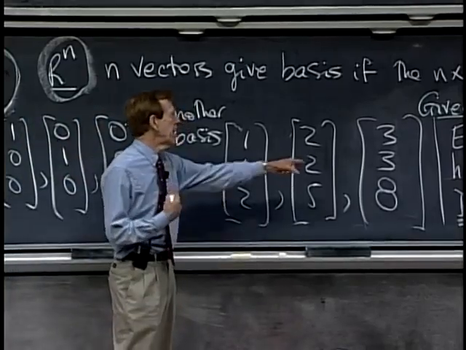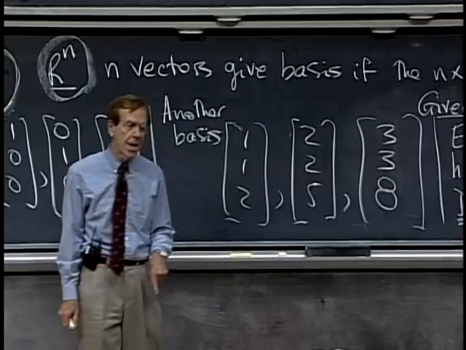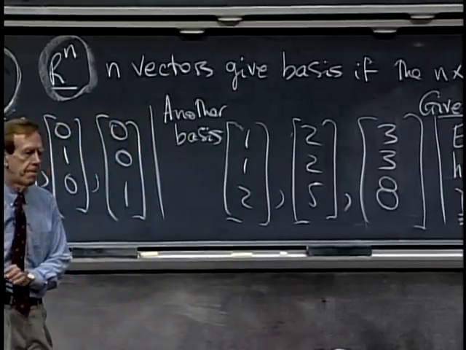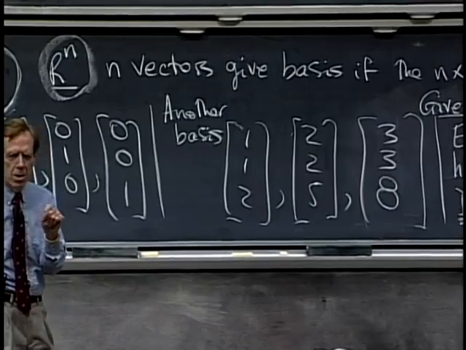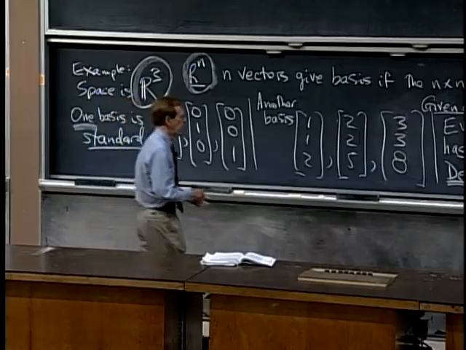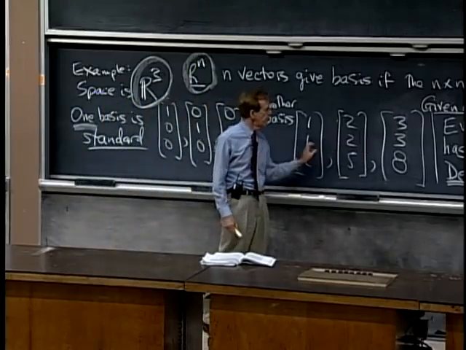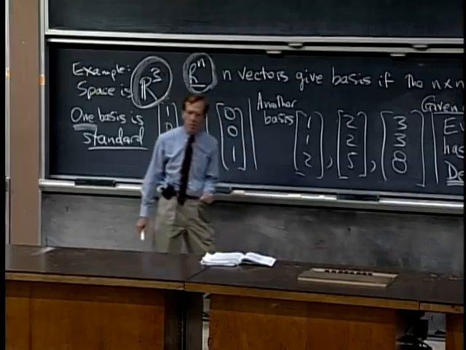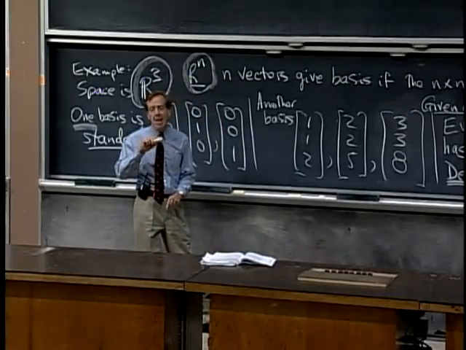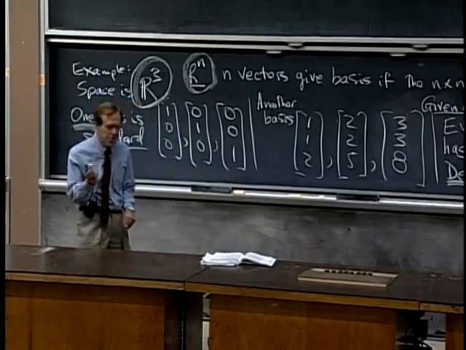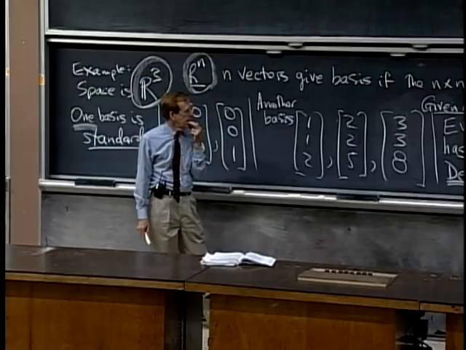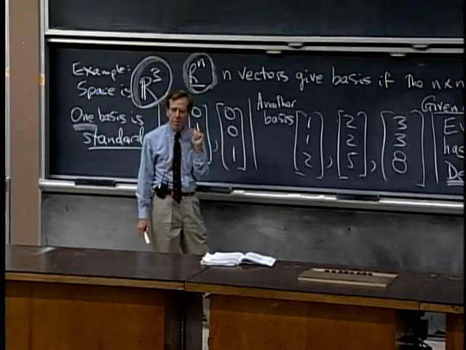But after class, to my sorrow, a student tells me, wait a minute, that third vector, 3, 3, 8, is not independent. And why did she say that? She didn't actually take the time to find what combination of this one and this one gives 3, 3, 8. She did something else. In other words, she looked ahead because she said, wait a minute, if I look at that matrix, it's not invertible.